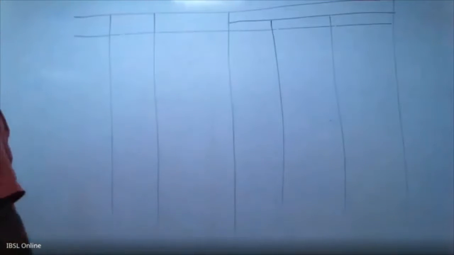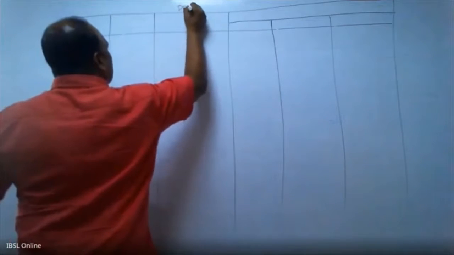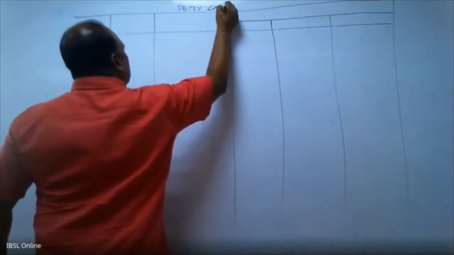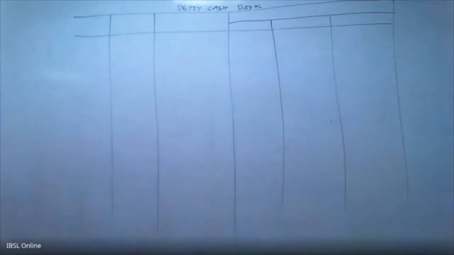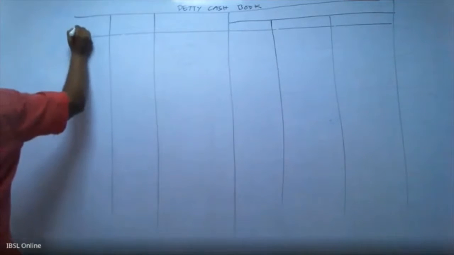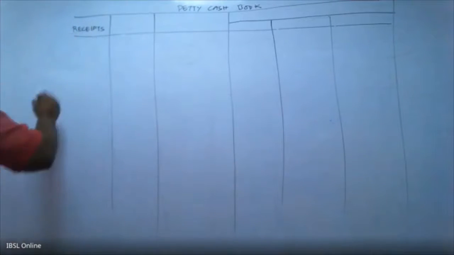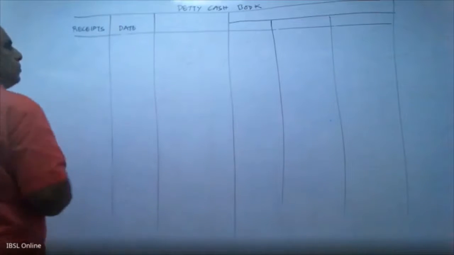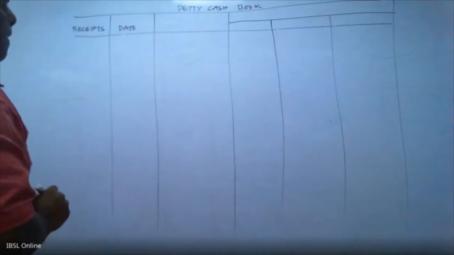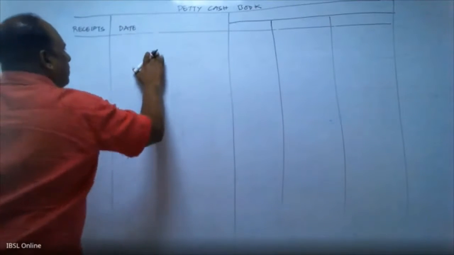We will record it in a book like this. This is known as the petty cash book. So the main columns will be the receipts, date, sorry, I have another column.